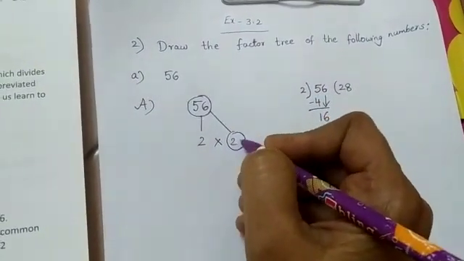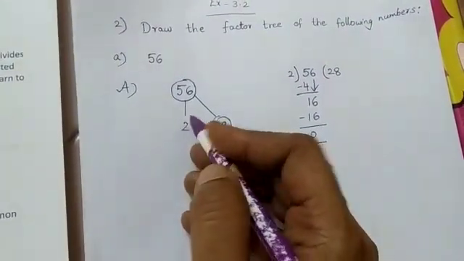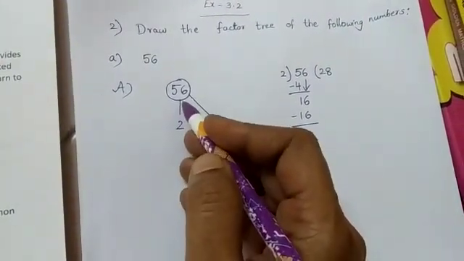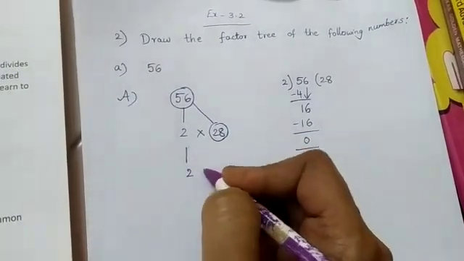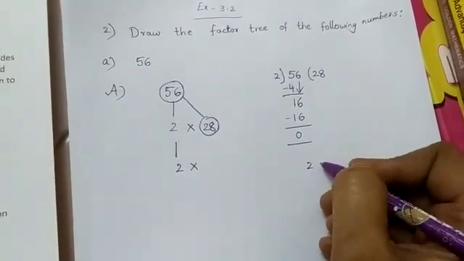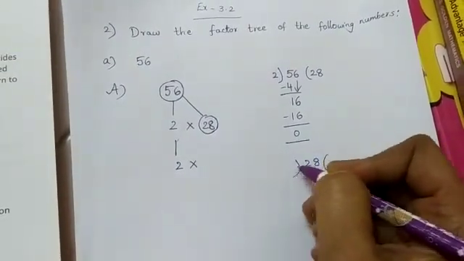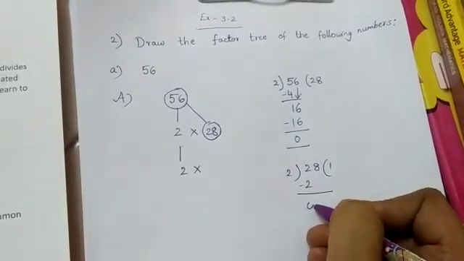Here 28 is a composite number. We have to write the given number as the product of prime numbers. So here 2 into, again 28 is an even number. In the 2 table, 2 goes 1 time, 2 minus 2 is 0.